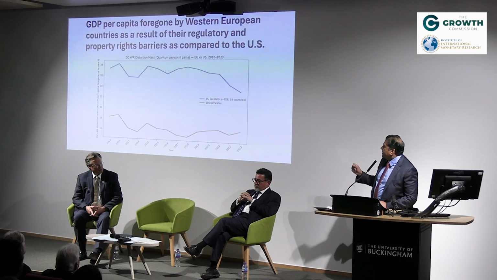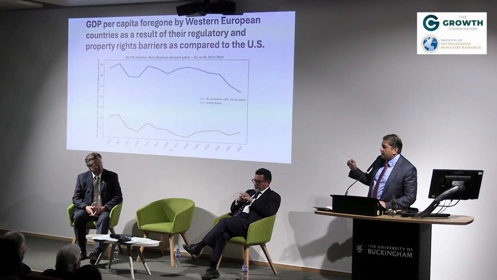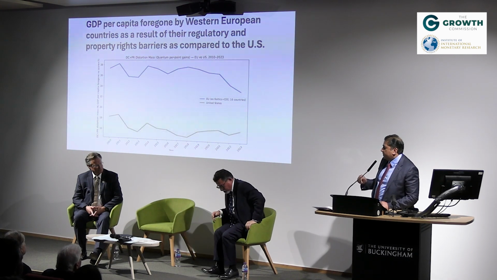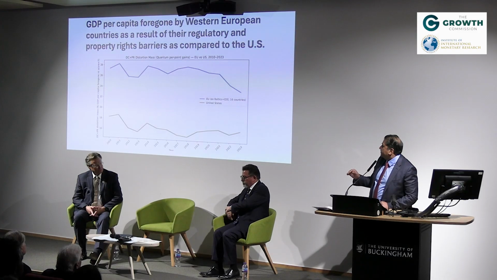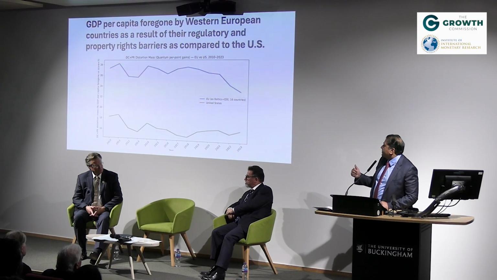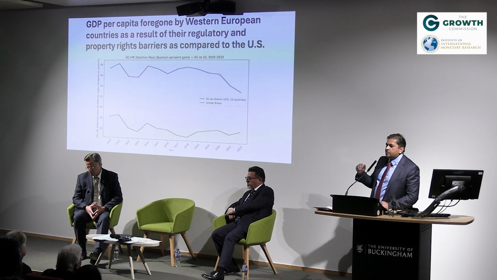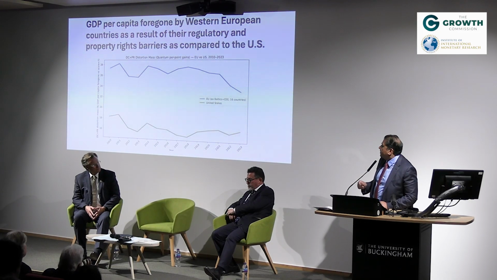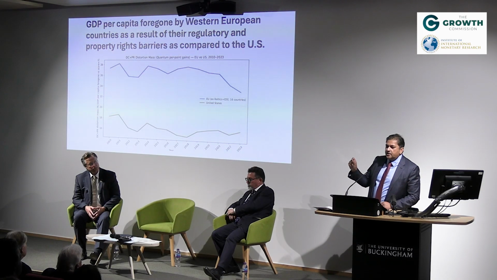And we've deliberately excluded the faster growing European economies like the Poles and the Central Eastern Europeans and the Baltics. So this is EU, ex-Baltics, and the Central Eastern Europeans. So this is about 16 countries that you typically say are Western European countries that the UK tends to compare itself with. And we've looked only at the domestic competition and the property rights pillar.